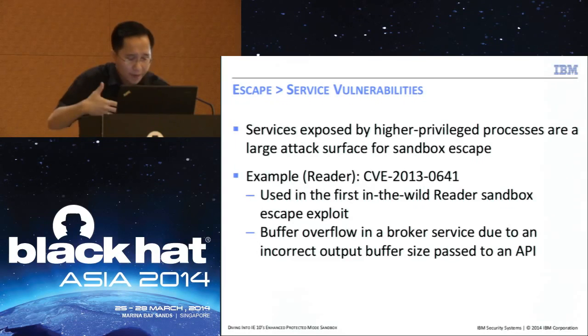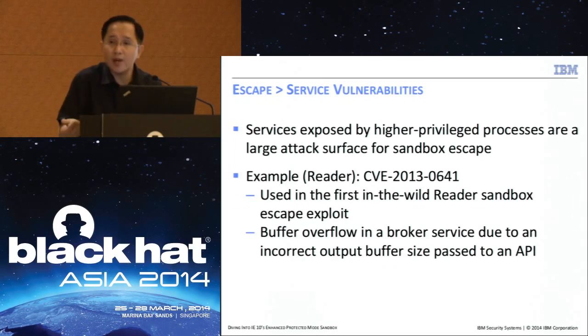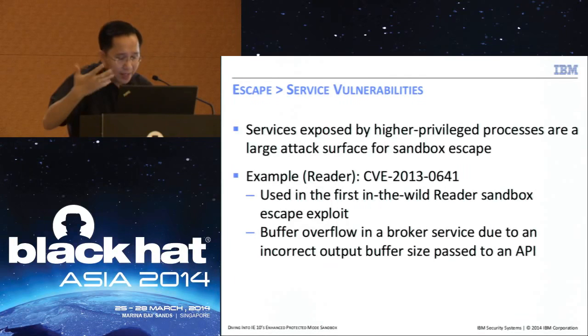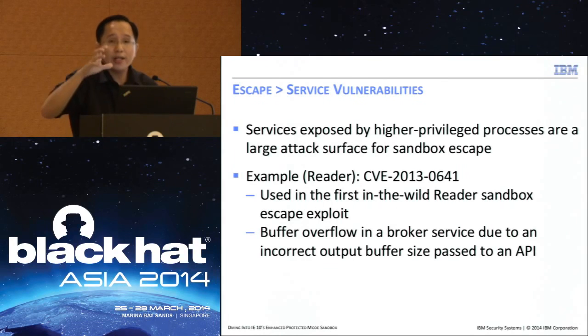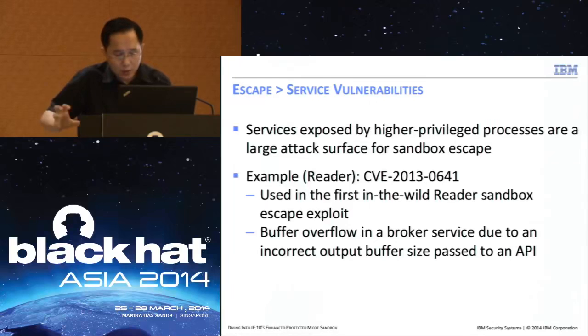An example of a service vulnerability is the bug in the Reader sandbox that was used by the first in-the-wild Reader sandbox escape exploit. In that particular case, a broker service passed an incorrect output buffer size to an API, which in turn led to a buffer overflow. The buffer overflow contents can be controlled by the sandbox process, so the sandbox process was able to control the execution flow of the broker process.